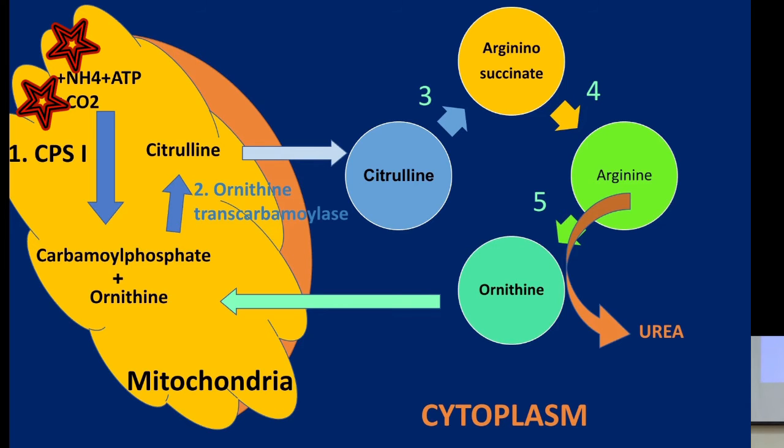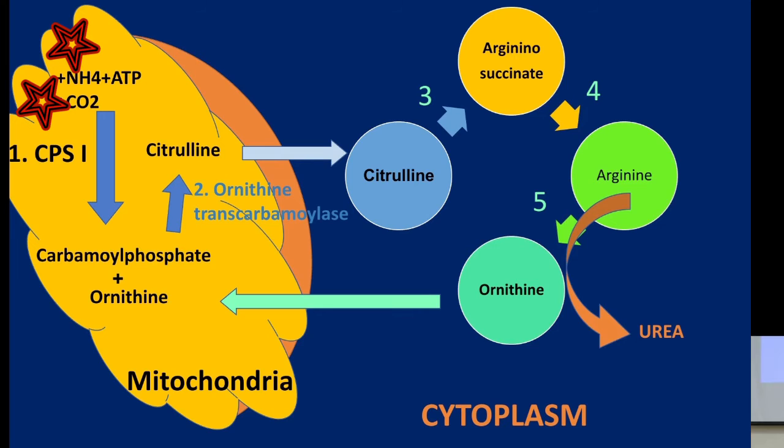That's the beginning of the urea cycle. That's the first enzyme in the urea cycle. Its name is carbamoyl phosphate synthase. This is an activated intermediate that already has one of the nitrogens you need to make urea.